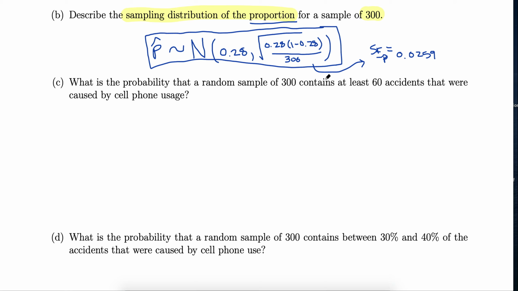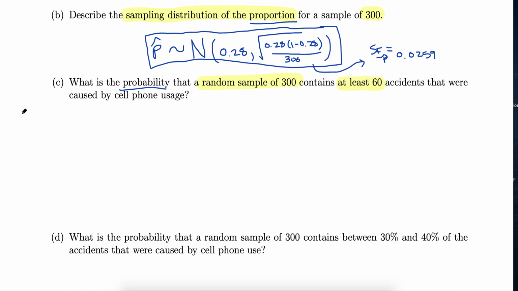Next part is asking for probabilities, and specifically it's talking about a random sample of 300. So I'm saying yes, that's what I figured out in part B. I know what random samples of 300 look like, and it wants at least 60 accidents. Okay, so I'm going to first convert the question to probability notation because it's asking for a probability.